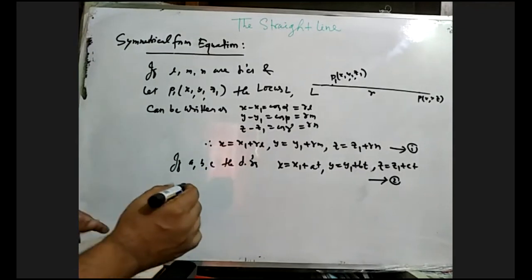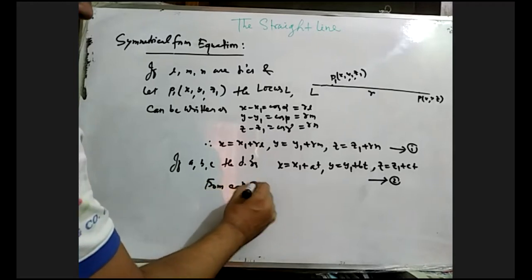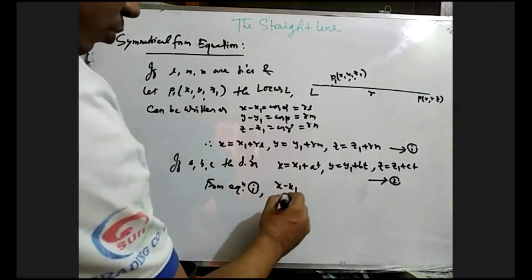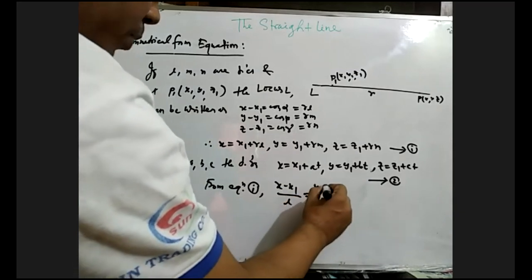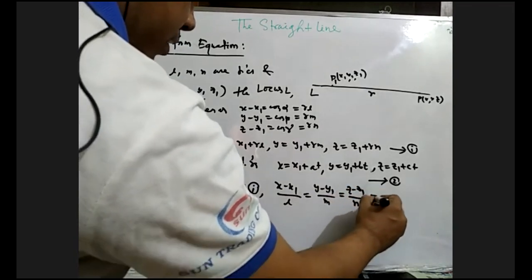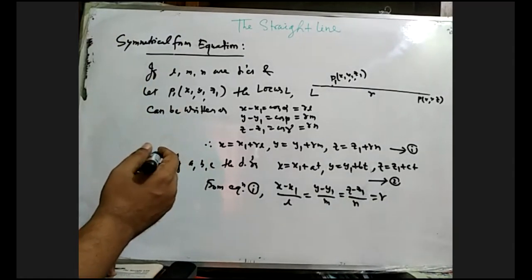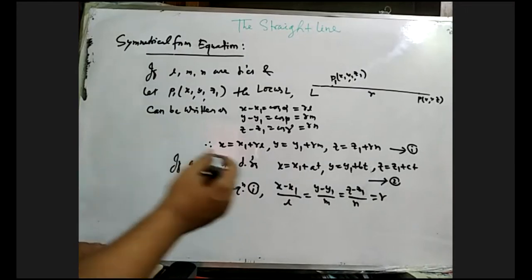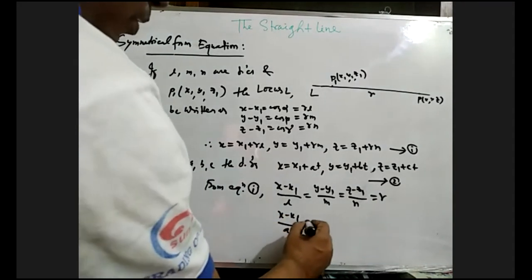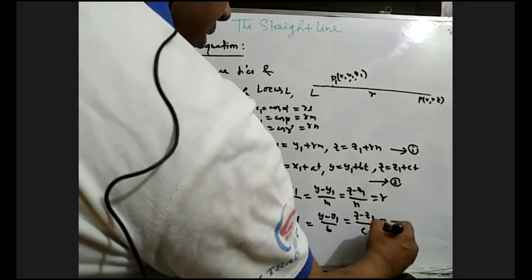Suppose from equation 1 we can write like this: x minus x1 divided by l, y minus y1 divided by m, and z minus z1 divided by n equals r. From equation 2 we can write x minus x1 divided by a, y minus y1 divided by b, and z minus z1 divided by c equals t.